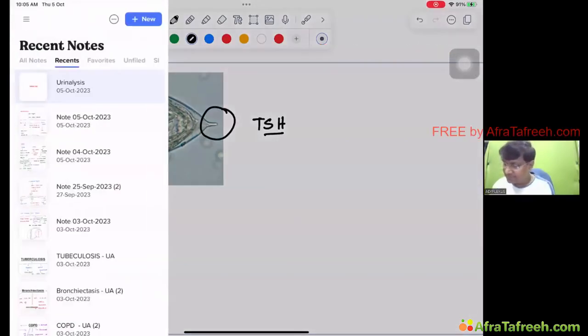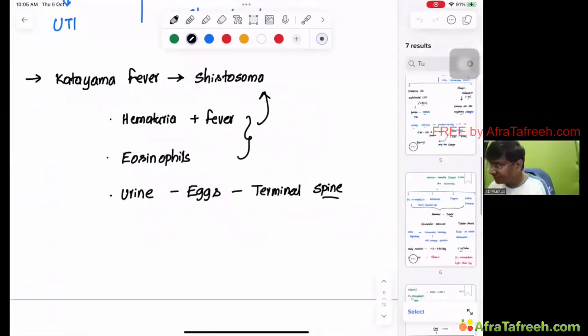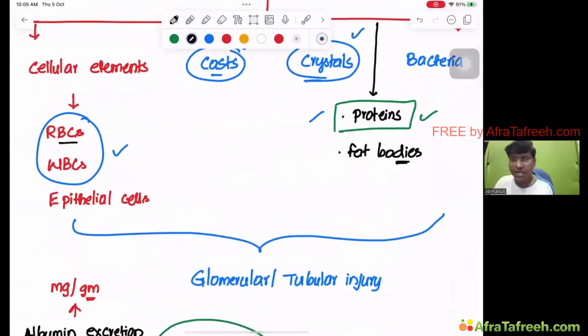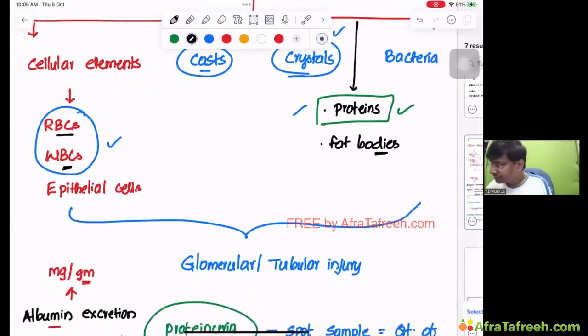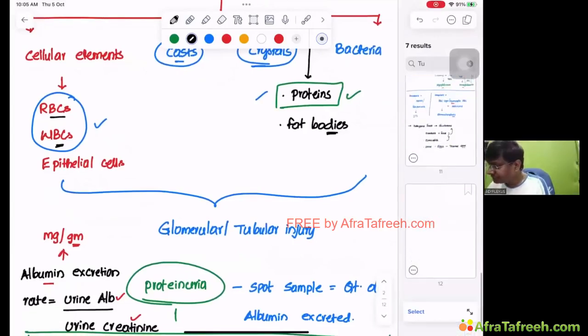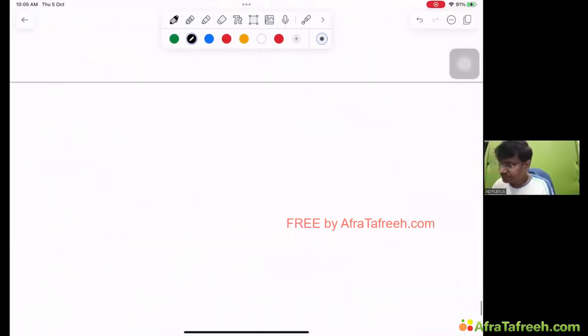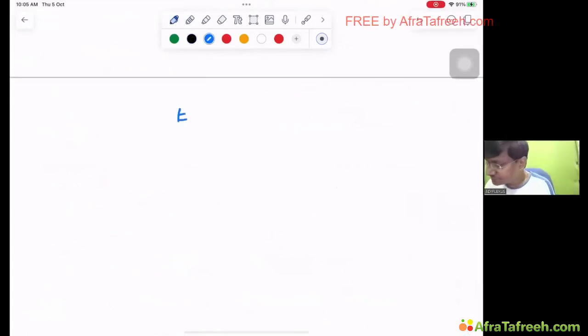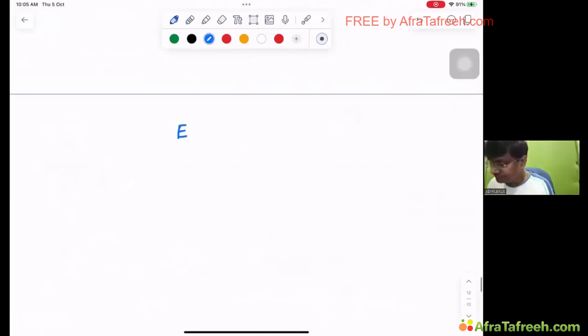Until now, what we have discussed is the abnormal cells, the RBCs. Now let me discuss the various forms of WBCs that can be there. One is eosinophils, that is eosinophiluria.